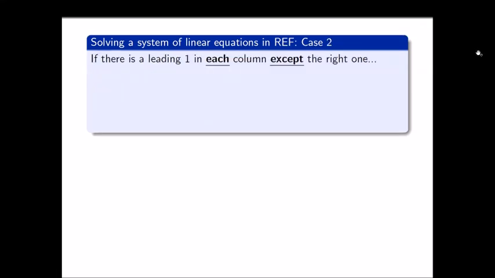So let's move to case 2. Let's assume that our matrix is in row echelon form, and there is a leading one in each column except the rightmost one. That means before the separator line in the augmented matrix, every column has at least one leading one, which means there is no row of zeros before the separator line.